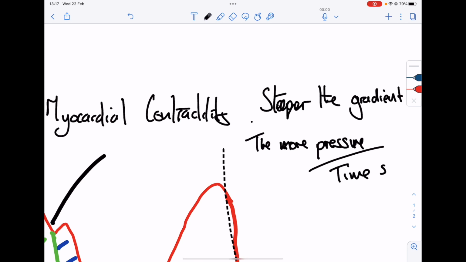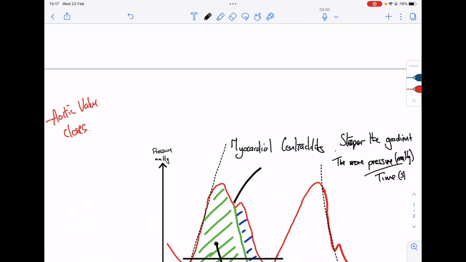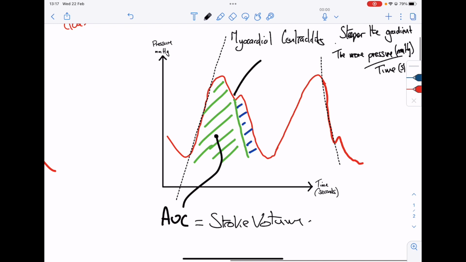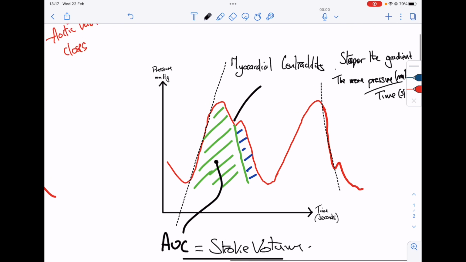And obviously you say that is seconds and that is millimeters of mercury in your exam. Oh, that's pesky, isn't it? There we go. So that's one useful number, and that can shift depending on how your myocardium is behaving and equally what your aortic valve is like in terms of resistance of ejection to that myocardial contraction.